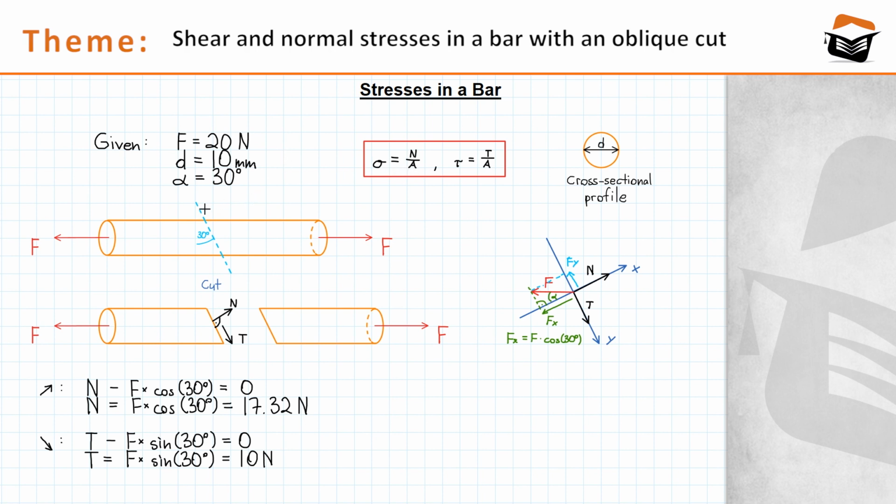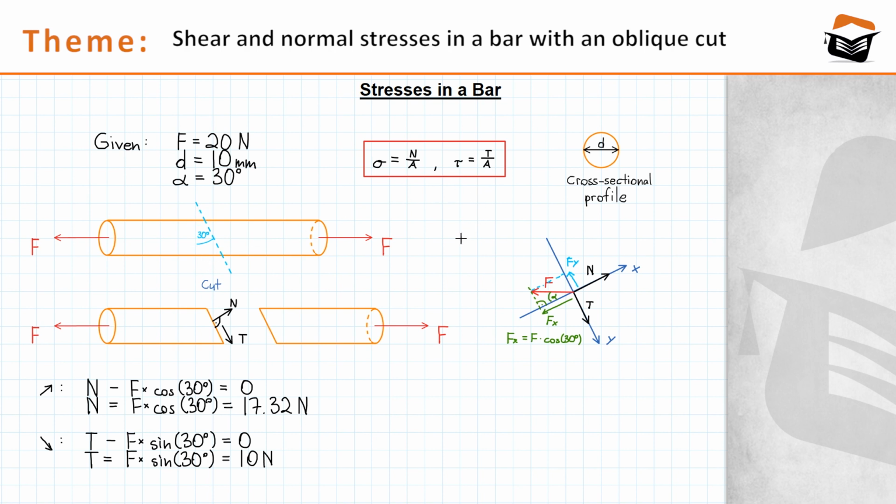In the previous video, we made a vertical cut, and computing the cross-sectional area was quite simple. You just multiplied the radius squared times pi. But this time, because the cut is made in an oblique manner, the area will be higher than if you made a vertical cut through the bar.